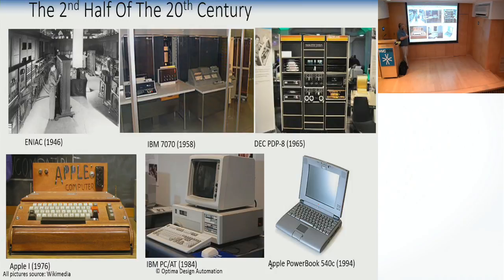If we look at what happened in the previous century, in the previous millennium, the computer age more or less started with ENIAC and evolved through the first stored program machine, the first minicomputer, the first PC, well, it was Apple, and then the IBM PC itself, and the notebooks. You could see a clear chain of development of the computer in this half century.